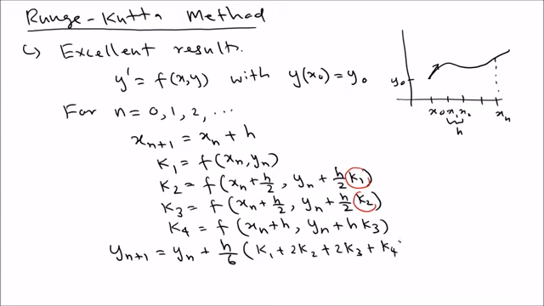That is the Runge-Kutta scheme. It is very similar: you know x0, y0, so you can calculate x1, y1, x2, y2, x3, y3, like that. This is what we normally call the fourth order Runge-Kutta method, normally called the RK method.